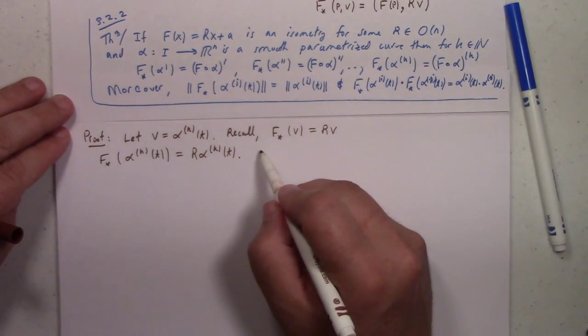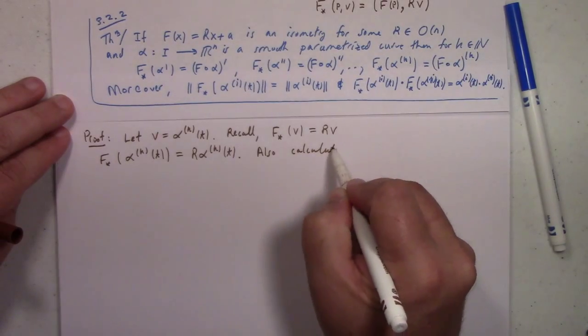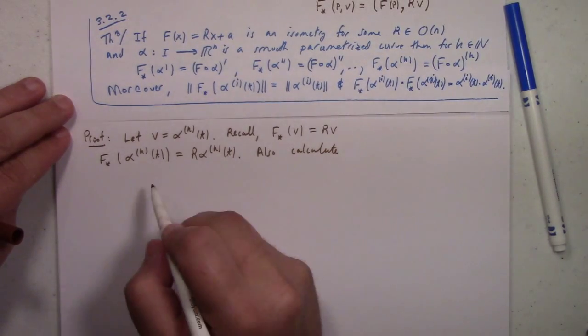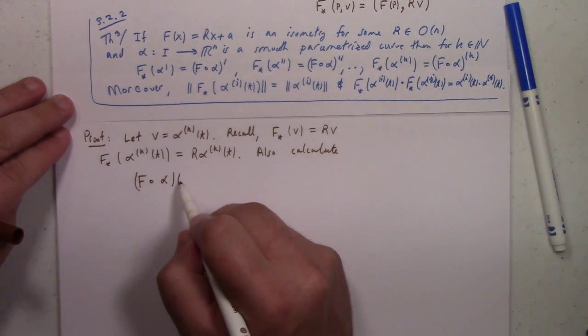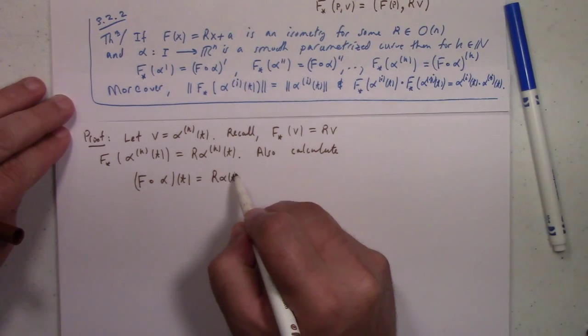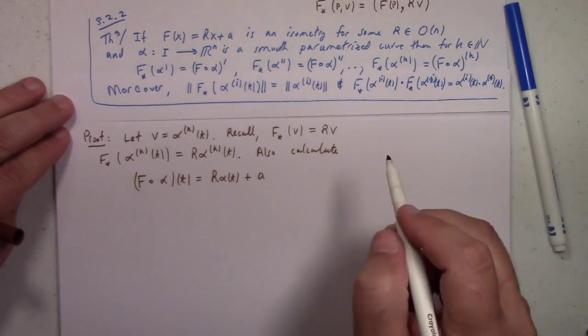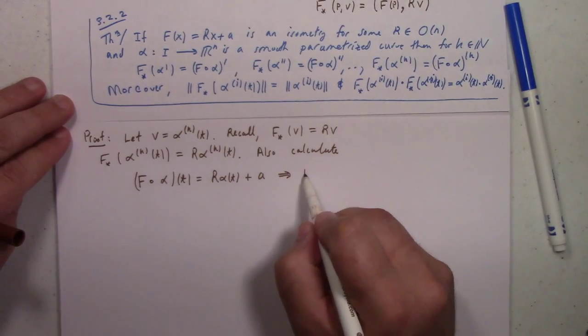But also we can calculate the transformed curve. So f composed with alpha of t is R of alpha of t plus a, for some translation. And when you differentiate that, what happens?